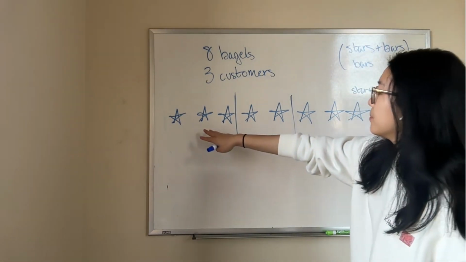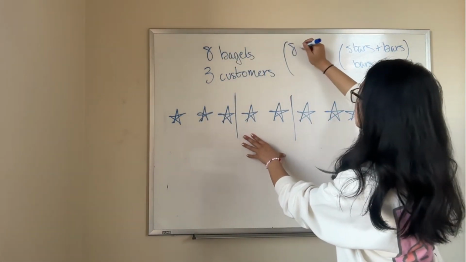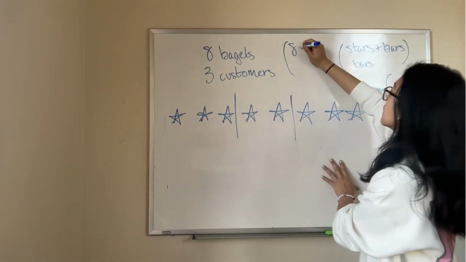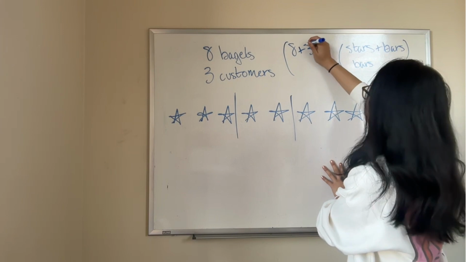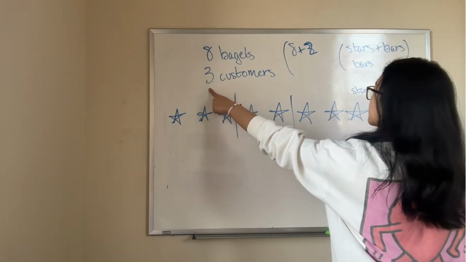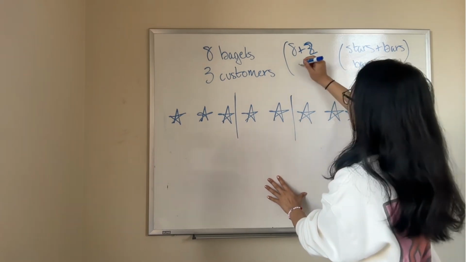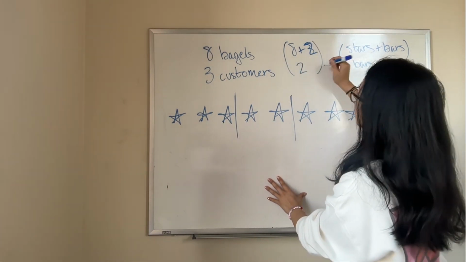So for our problem, we have 8 stars, 1, 2, 3, 4, 5, 6, 7, 8. And we have 2 bars, actually, because we have 3 customers, so it's n minus 1 bars. Then we're going to choose 2 bars.